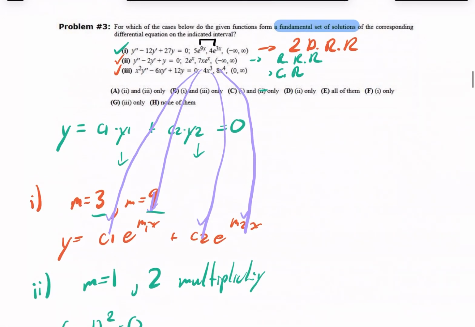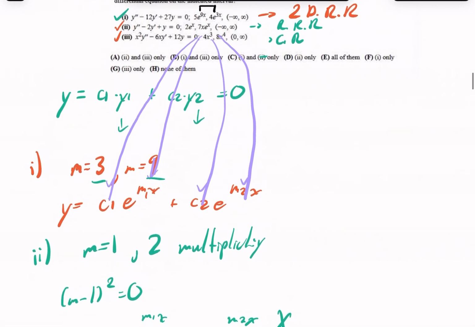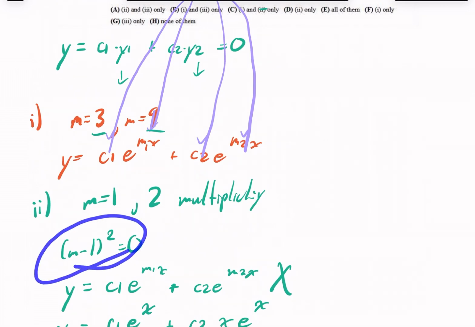Going to the second one, the reason why I wrote these is this is distinct real roots, this is repeated real roots, and this is complex roots, okay? Or sorry, two distinct real roots. So the second one, I have one real root with a multiplicity of 2, which is just a repeated root, it's just squared, like we put right here.